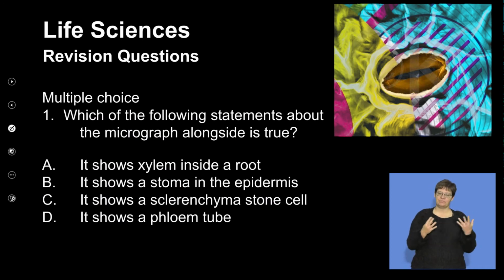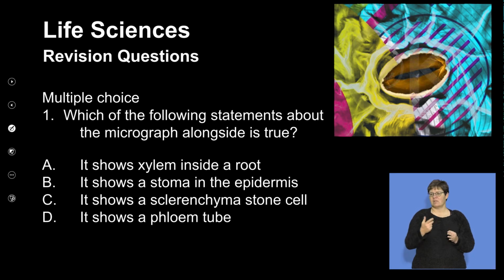Most exams start with fairly straightforward questions, and this is one of the straightforward questions. For example, you're given a picture and you're asked, what is this picture about? So let's have a closer look. You're asked, what is this? Is it xylem? Is it a stoma? Is it a stone cell?